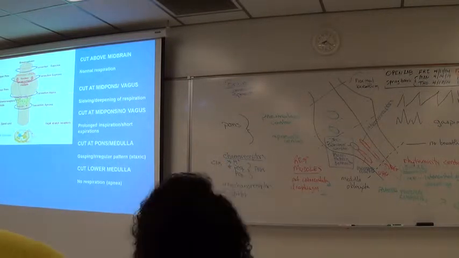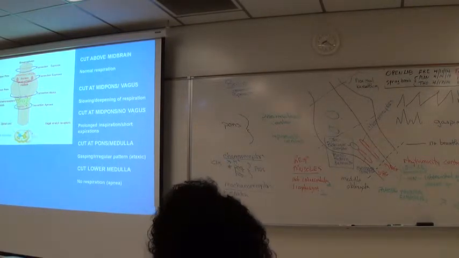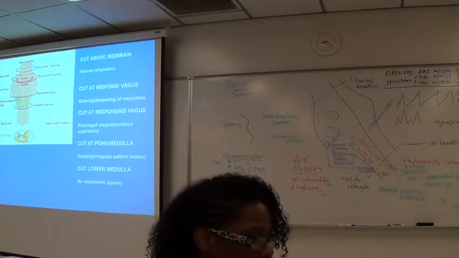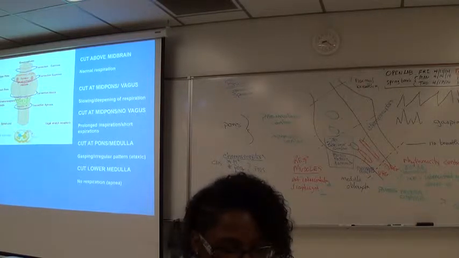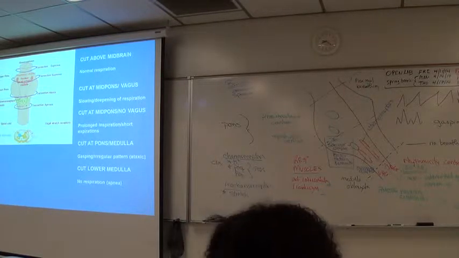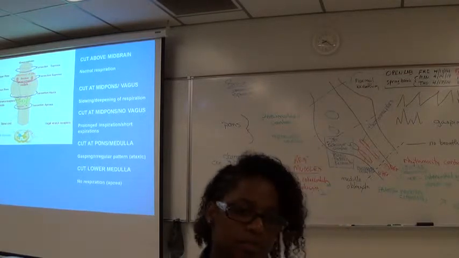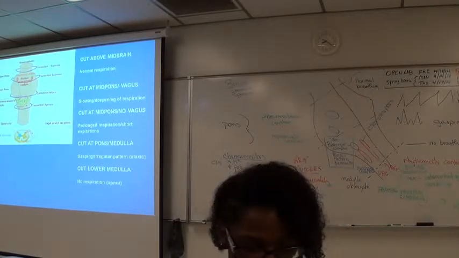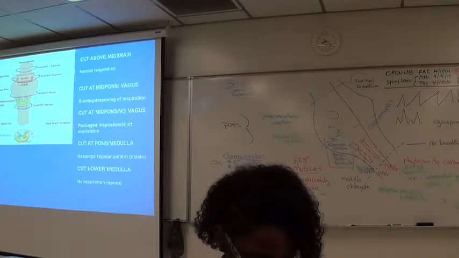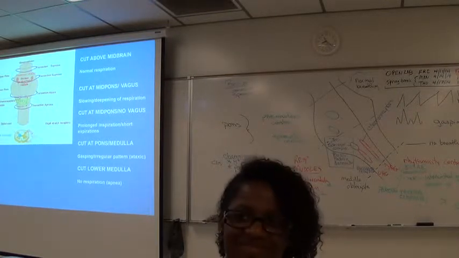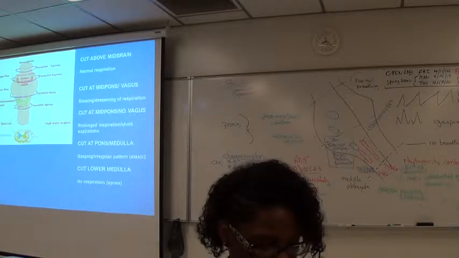So now let's look at the chemoreceptors, all right? How do we then modify this basic pattern? We have chemoreceptors present in the central nervous system, and we have chemoreceptors present in the peripheral nervous system.